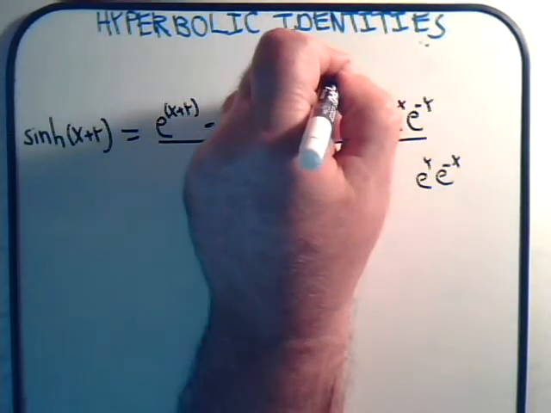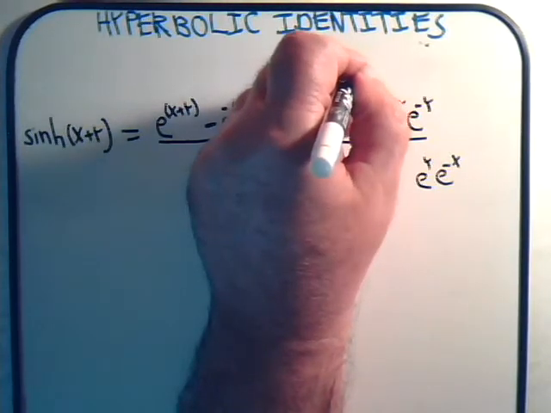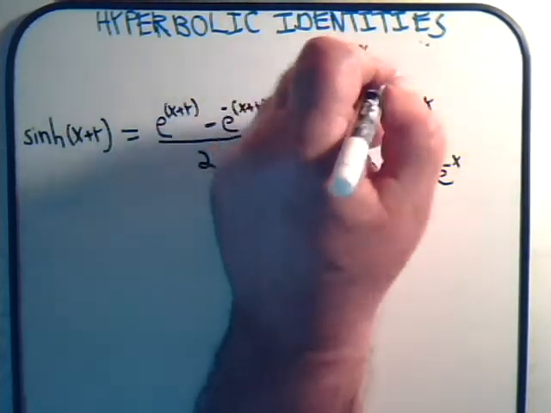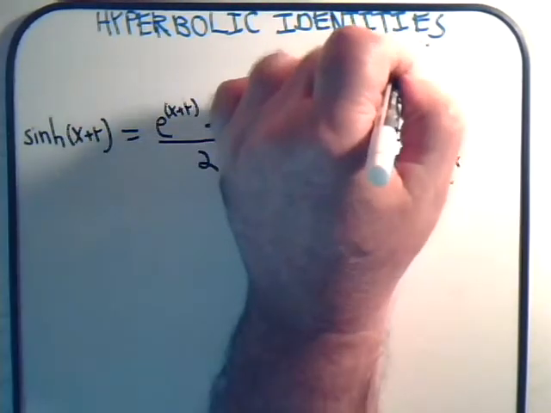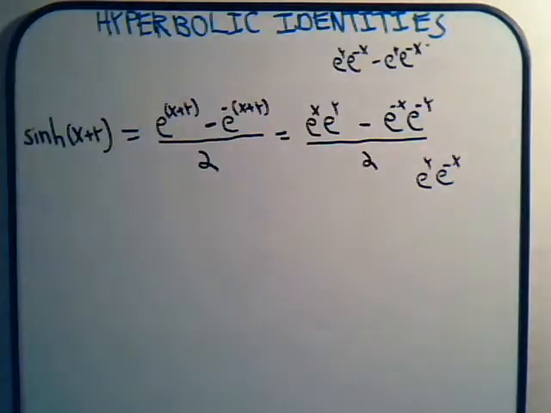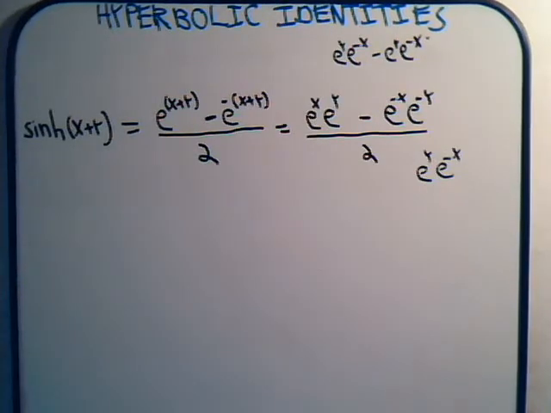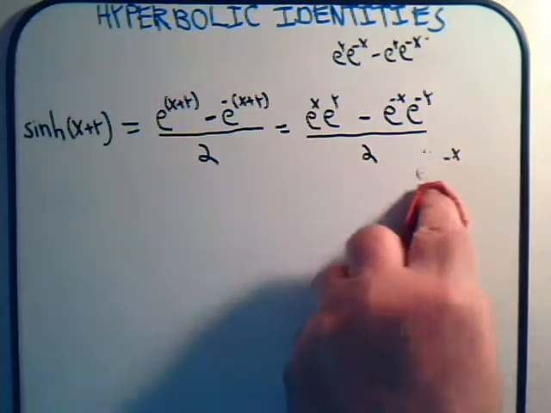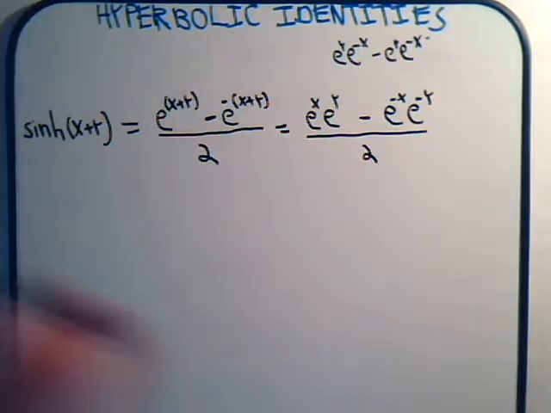So we have plus e to the y, e to the minus x, minus e to the y, e to the minus x. So now we don't need this hanging around anymore.